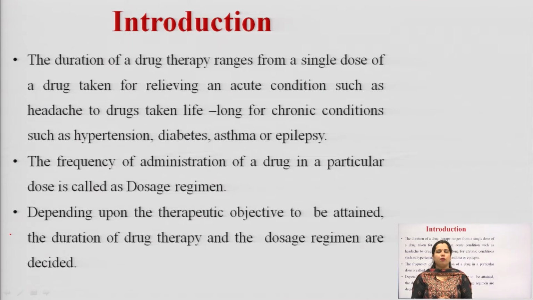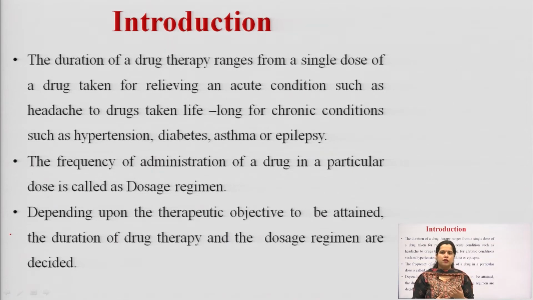Depending upon the therapeutic objective to be attained, the duration of drug therapy and the dosage regimen are decided. So, based on what type of treatment you require and what type of condition there is, the dose, its potency and its efficacy will be analyzed and the dosage regimen will be defined.